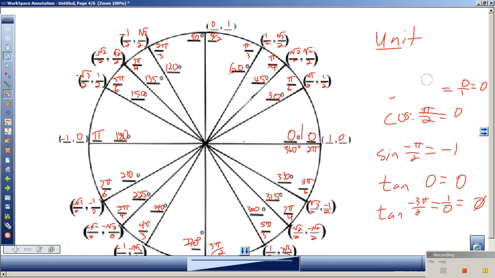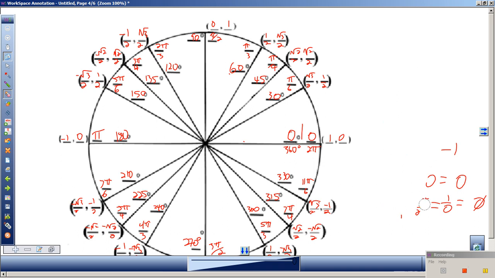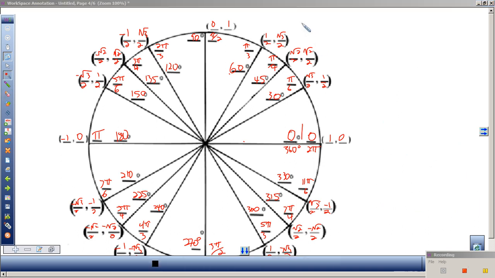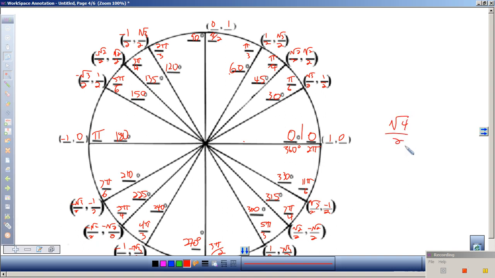I'm going to erase all of this over here. What is the square root of 4 over 2? Okay. Then I have root 3 over 2, root 2 over 2, root 1 over 2, root 0 over 2.